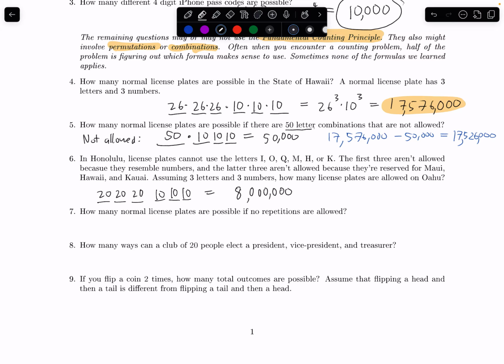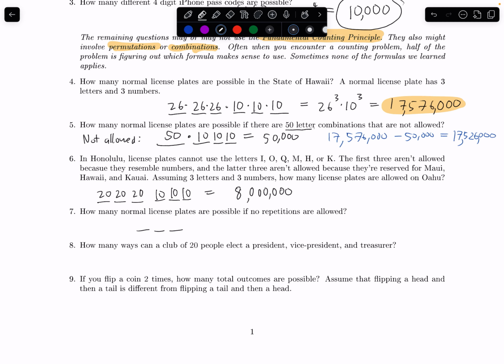All right, number 7. How many normal license plates are possible if no repetitions are allowed? Okay, I admit, guys, there's some ambiguity to this question. When we say normal license plates, I mean, coming back to question number 4. If no repetitions are allowed, what does that mean?